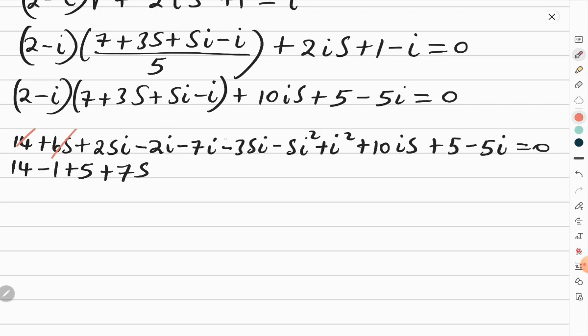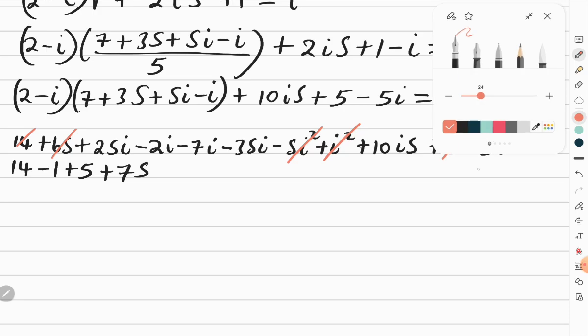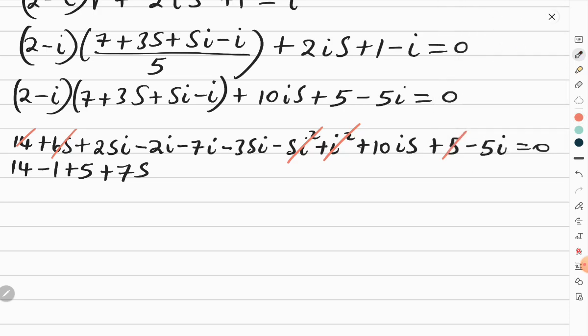We also dropped this one just now, and we also did put negative 1 there. Then this one is also returned. So what are we left with? We're left to do this one and this one.